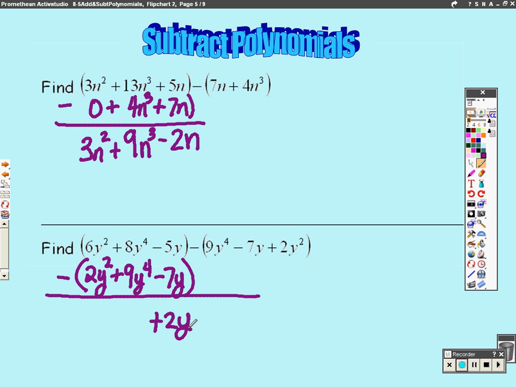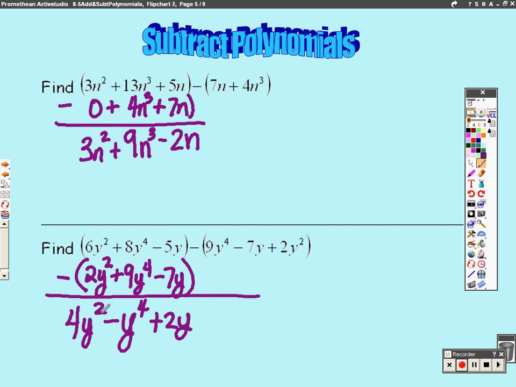All right. I have 8y to the fourth minus a positive 9y to the fourth, and that's going to give me negative 1y to the fourth. And I have 6y squared minus a positive 2y squared, which gives me 4y squared. And as we've talked about in class, we need to write these in descending order.